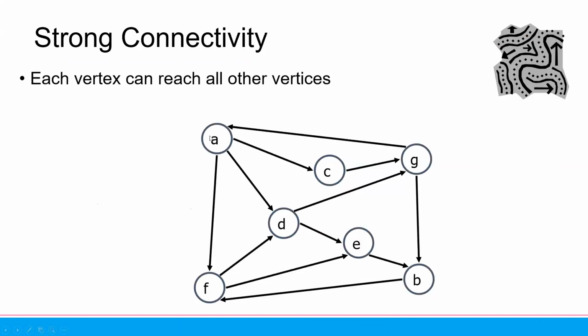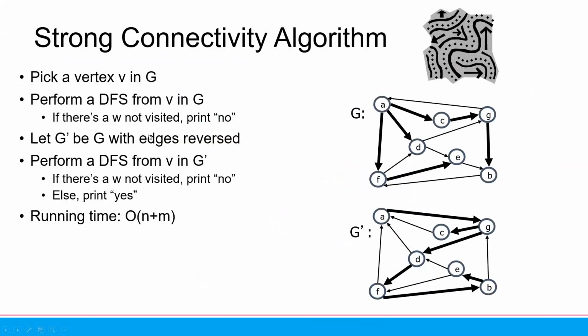So if I start from A, then I need to know all the possibilities to reach all vertices. In the strong connectivity algorithm, we can use DFS.